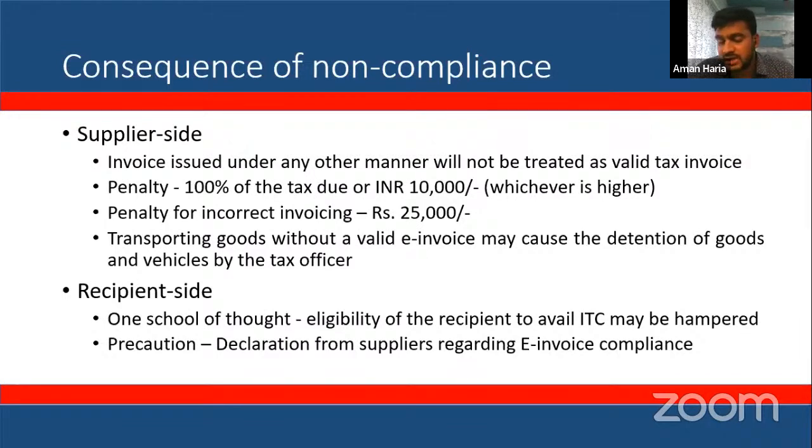Now, if I am a recipient, what are the issues that I might face if my supplier is not compliant? One school of thought says that since the tax invoice issued by the non-compliant supplier is not a valid tax invoice, there is a possibility that the department may come and question the ITC that you have availed based on such an invalid tax invoice.